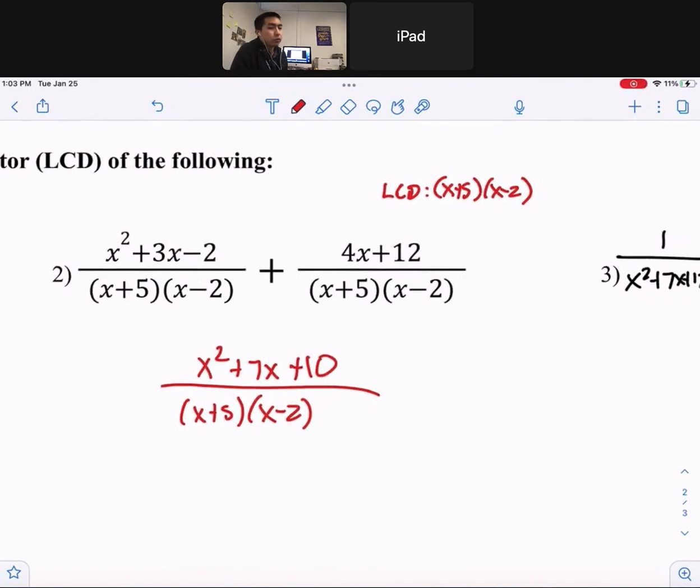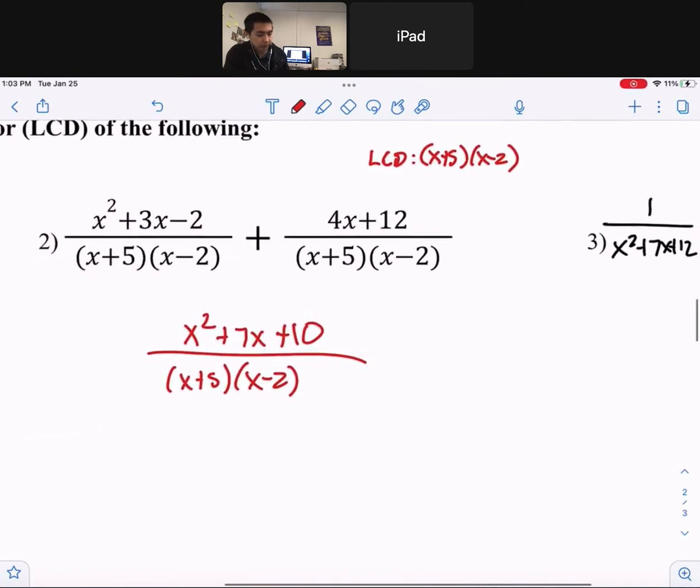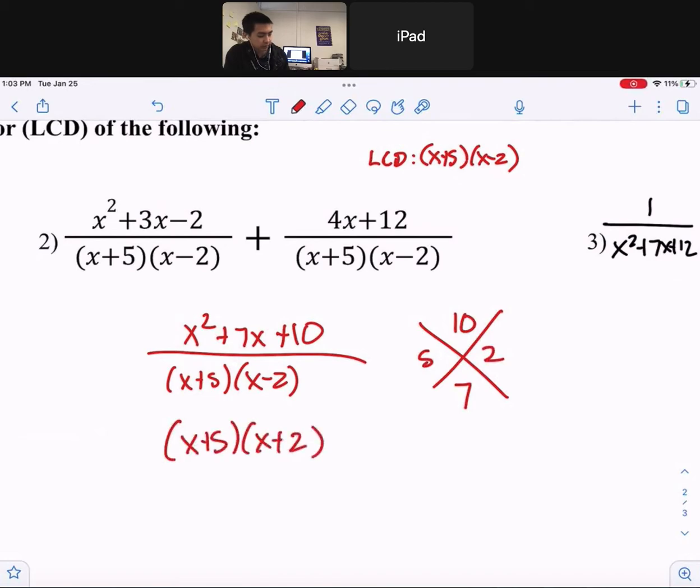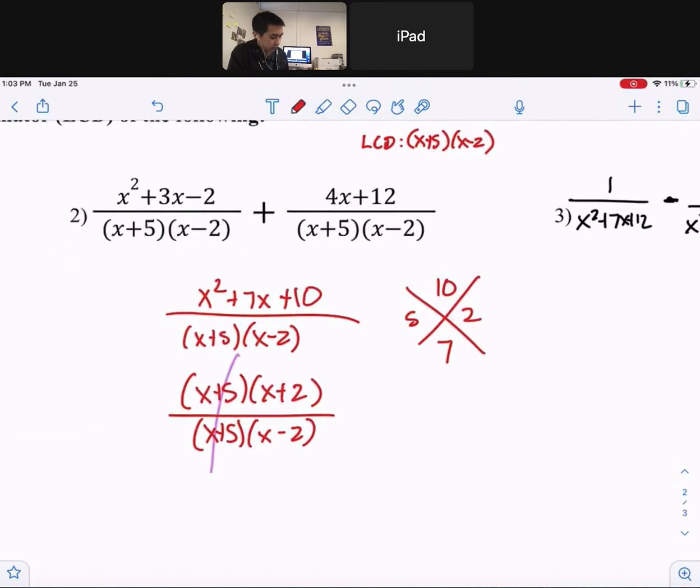Now, we should factor the top if we can, and we can if you do your x method. So we're going to get x plus 5 times x plus 2. And the reason why we do that is because, look, there's an x plus 5 on top and bottom, so we could cancel those out, and we get x plus 2 all over x minus 2. And that's going to be your answer.